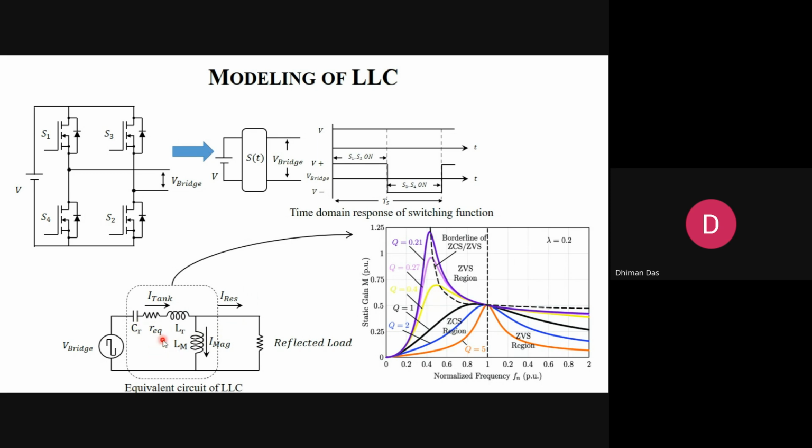There is a lot of mathematics, and still there is no clear answer on how much your LM and how much your LR should be. It all depends on your design: which switch you are choosing, what the output capacitor of the switch is, and from what power you want zero voltage switching.